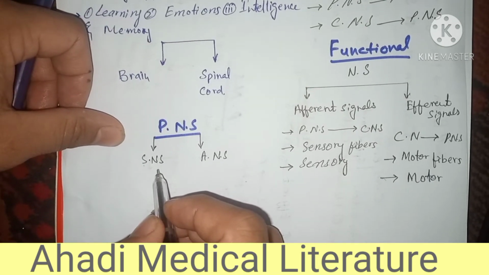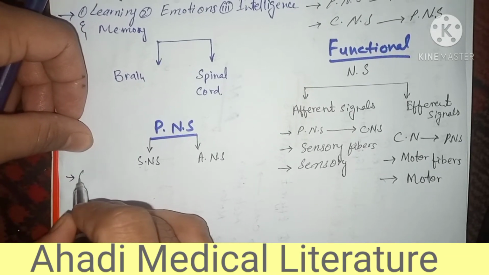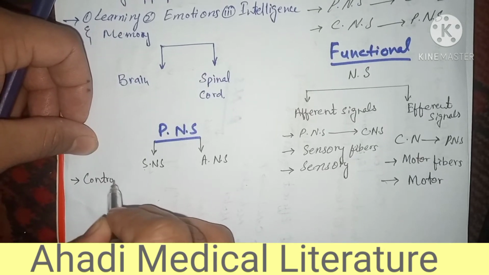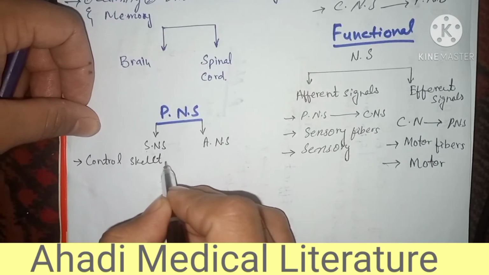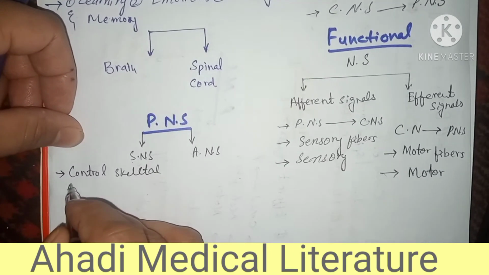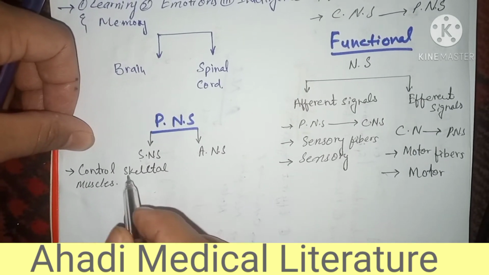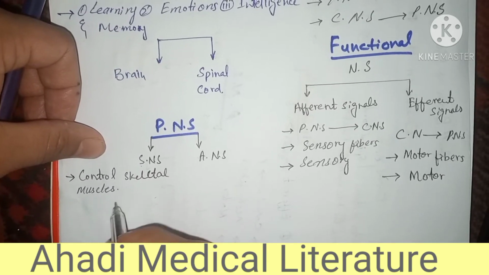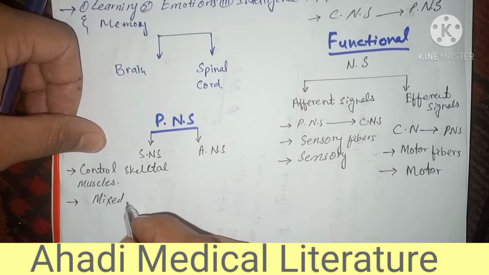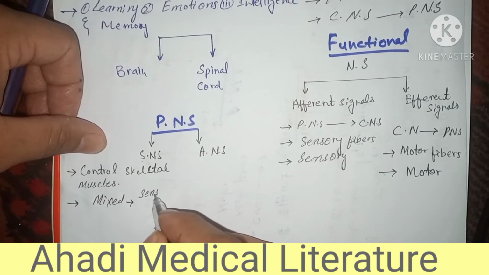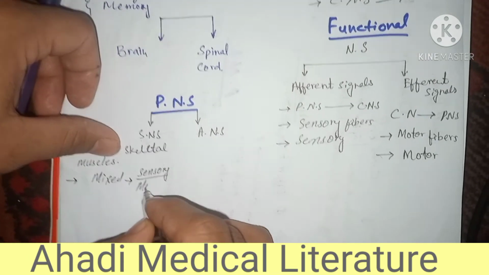The function of the somatic nervous system is to control skeletal muscles. They are mixed nerves, meaning maybe sensory and motor.